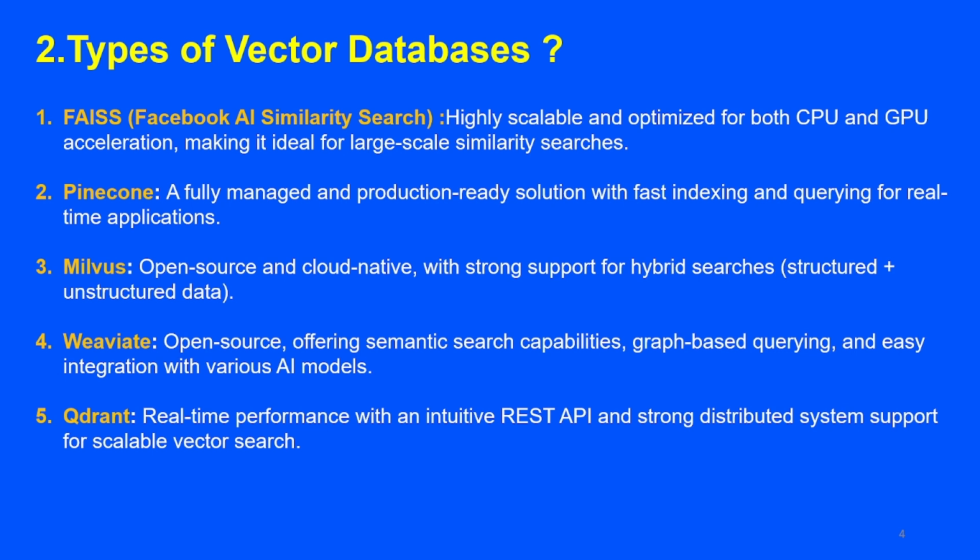Now when we are talking about vector databases, we can compare them with traditional databases. For almost two decades we have been using SQL databases, NoSQL databases and then graph databases. So why has the vector database become so popular nowadays?